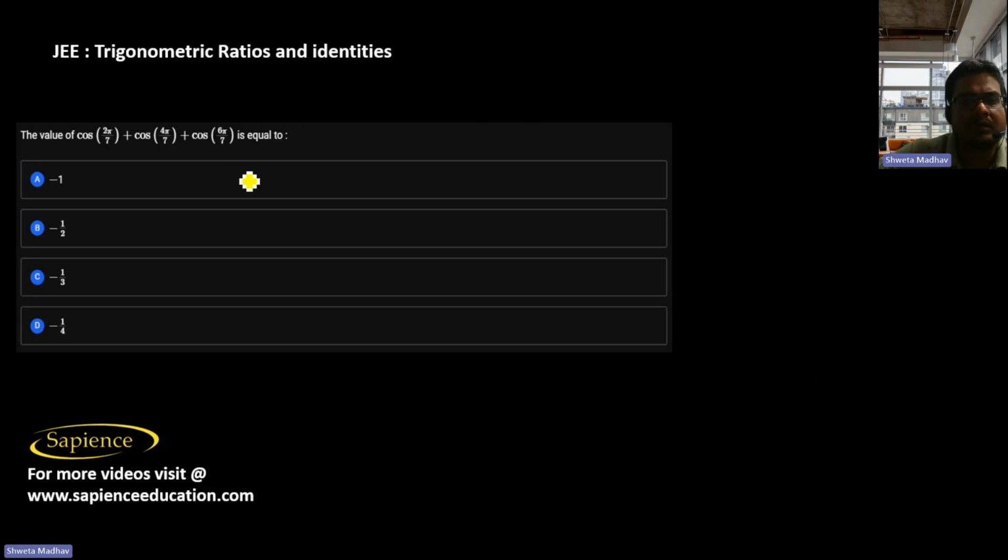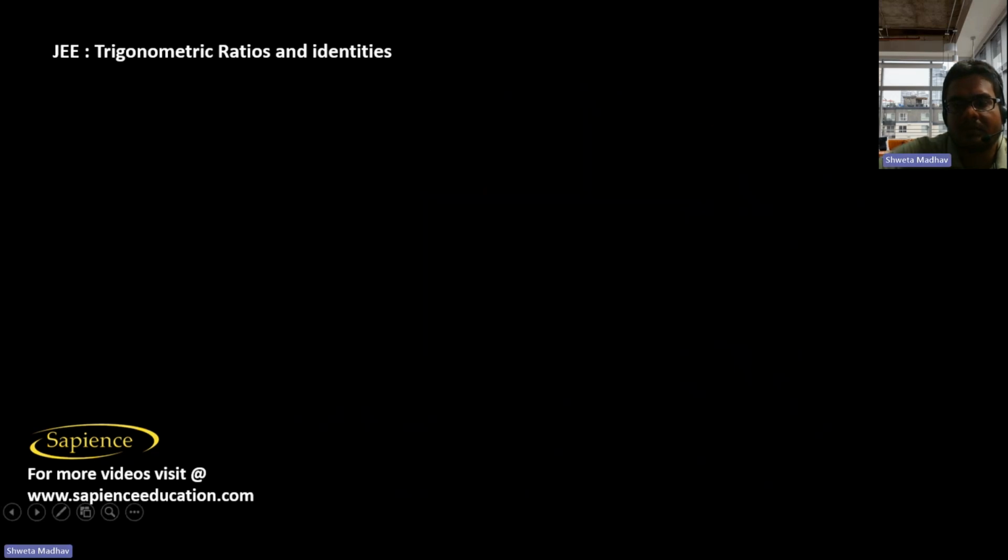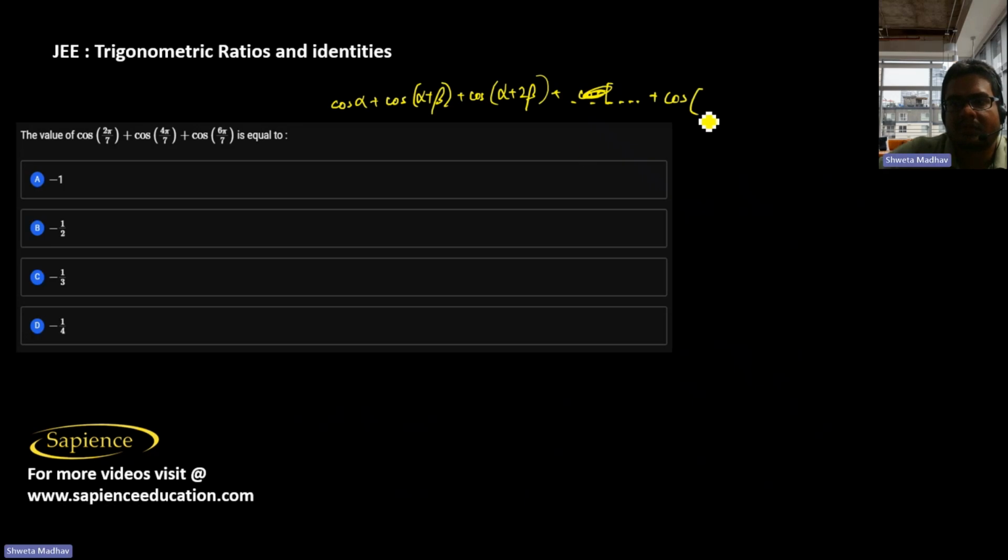Then here it is told the value of cos 2 pi by 7 plus cos 4 pi by 7 plus cos 6 pi by 7 is equal to. So now when the angles are in AP, then we can say cos alpha plus cos alpha plus beta plus cos alpha plus 2 beta plus dot dot plus cos of alpha plus n minus 1 beta.